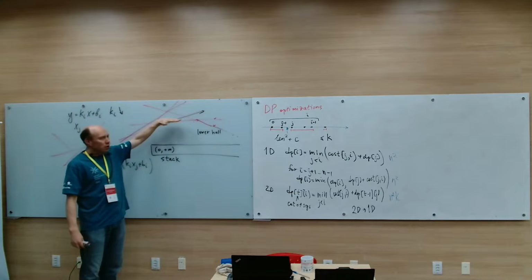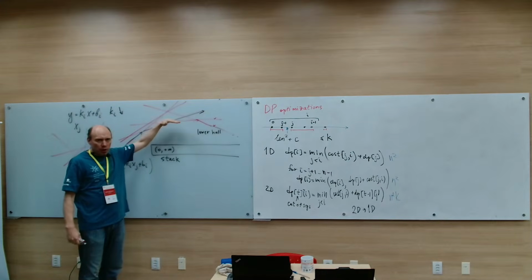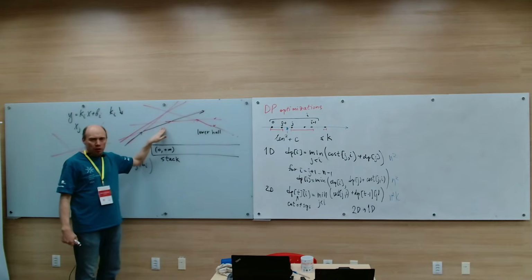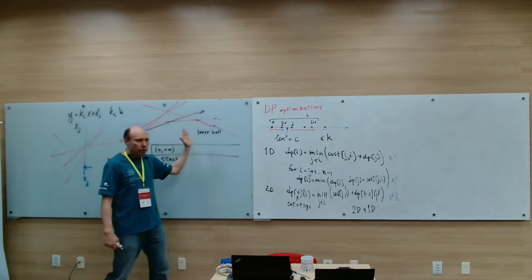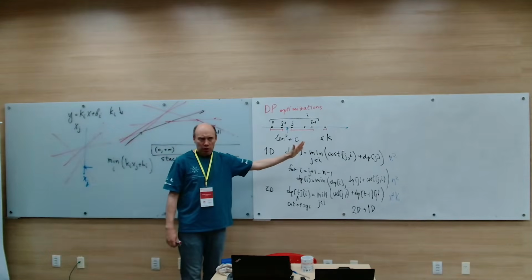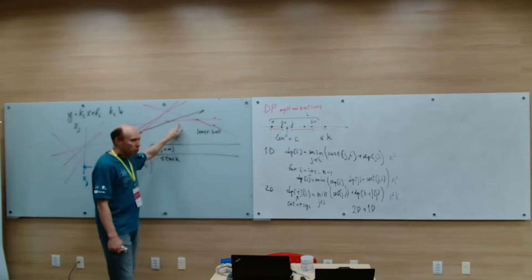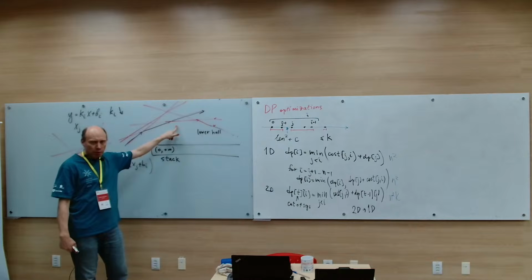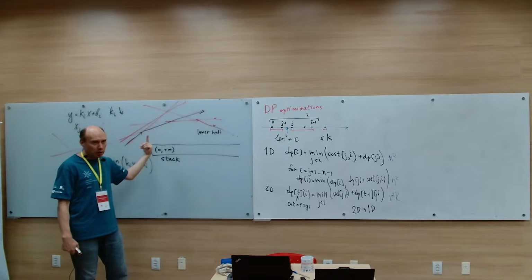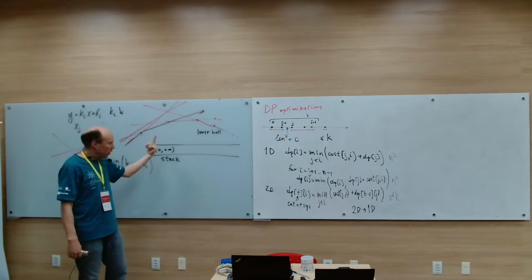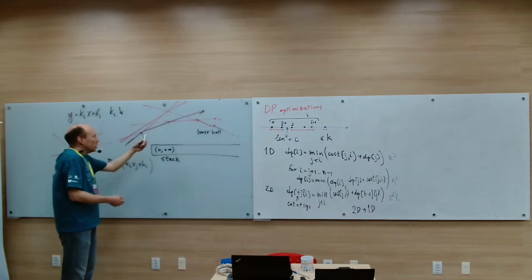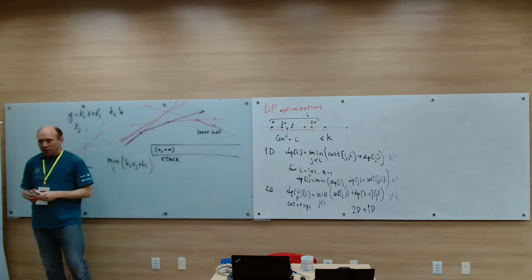This line definitely becomes better than this line at some point, because at plus infinity, the smaller the slope, the better. This line has a smaller slope, so at plus infinity it will definitely be better, so it becomes better somewhere there. Where? Their intersection point.